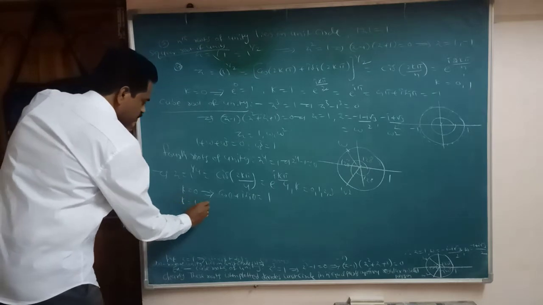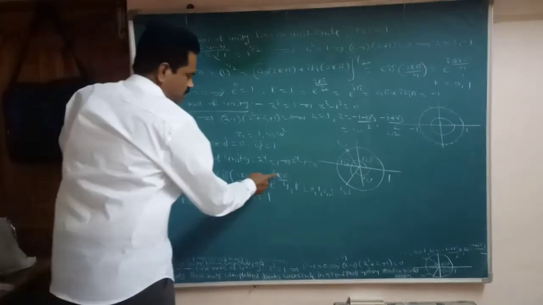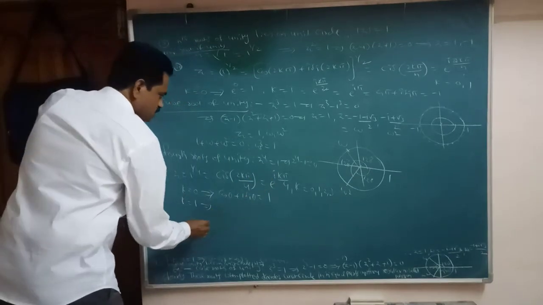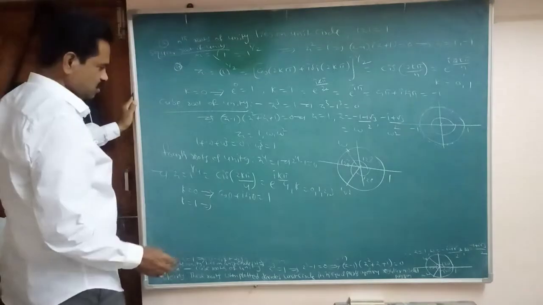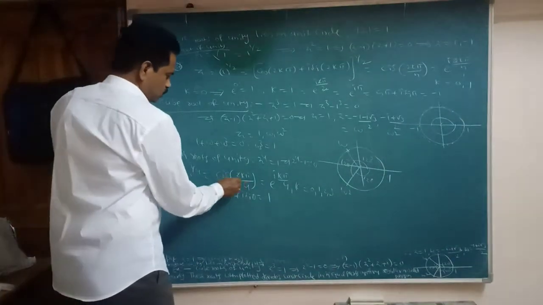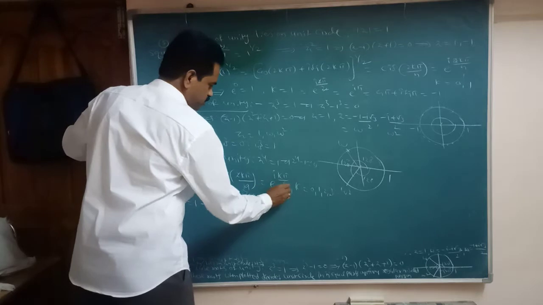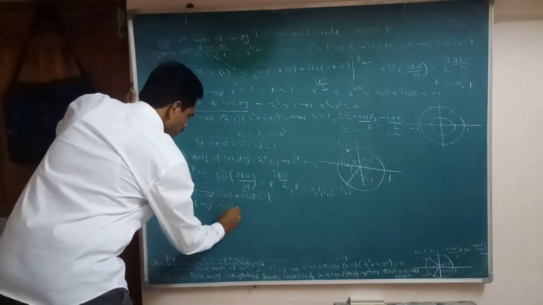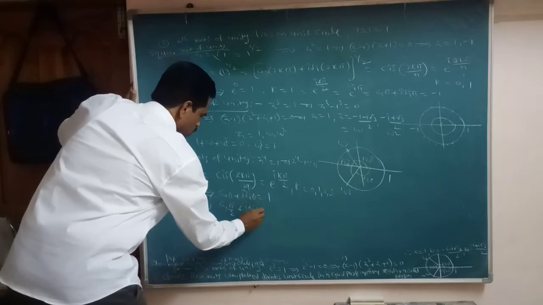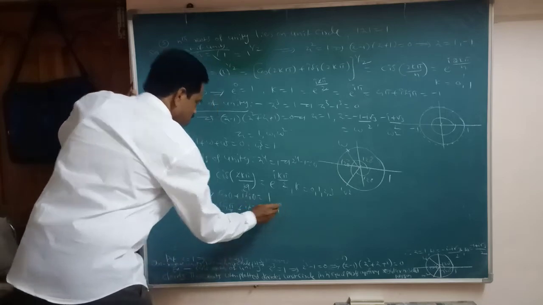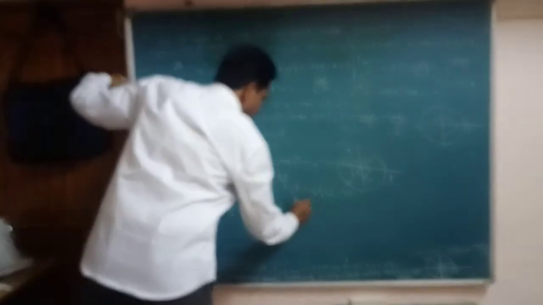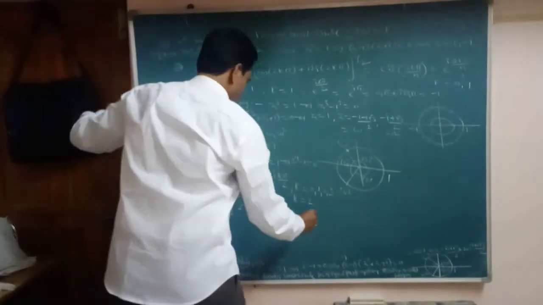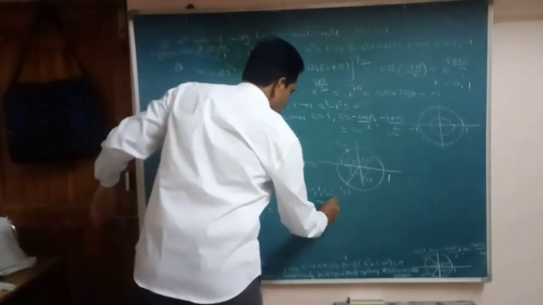K equal to 1 substitute here, that is pi by 2. K equal to 1 substitute here, cos pi by 2 plus i sin pi by 2. Cos 90 is 0, sin 90 is 1. Its value is how much here? i. And k equal to 2 substitute here, that is cos pi plus i sin pi.